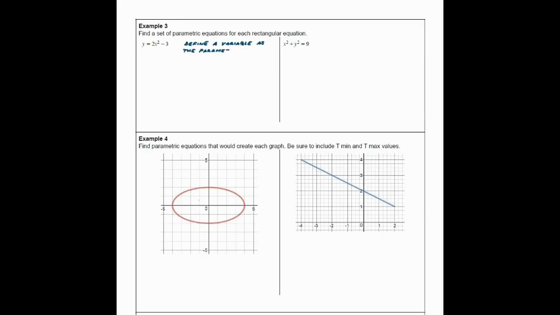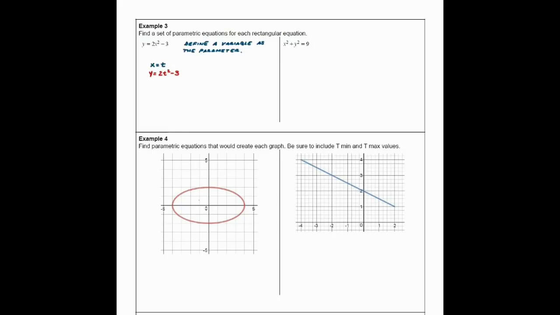What I mean is, because this is y equals 2x squared minus 3, if I said that x is t, so just defined x parametrically as t, then that means I can rewrite y in terms of t as well. So if I did replace the x in my equation with t, y would be equal to 2t squared minus 3, and those would be a parametric way to define this rectangular equation.